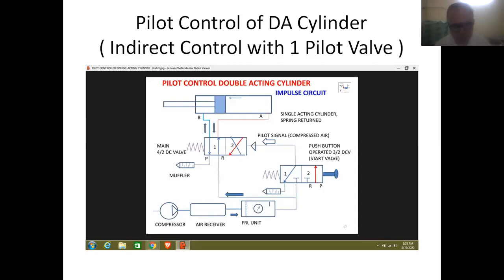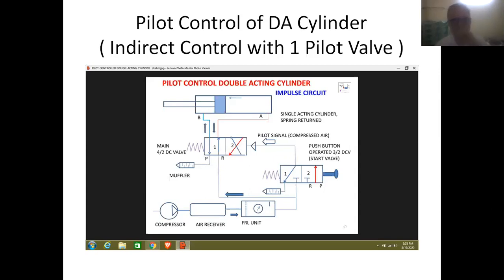So this unit, as shown in the figure, will be placed in third position. So compressor is placed in first position, and air receiver must be placed in second position, and finally this FRL unit must be placed in third position.